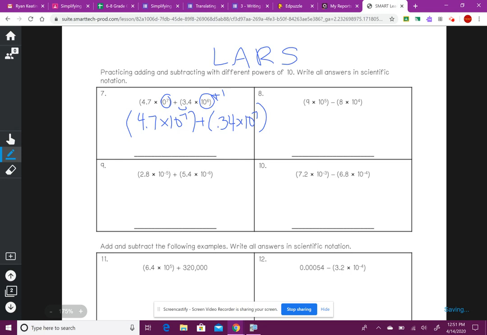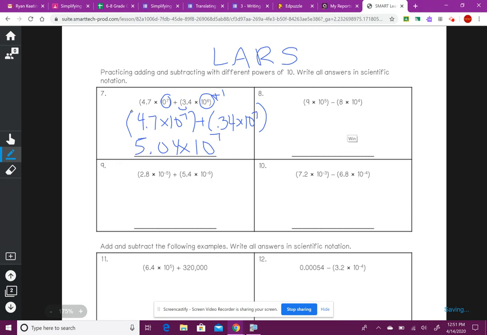Now it's just the same exact thing. We have the same exponent, so that is part of your answer. And then you do 4.7 plus 0.34, which is 5.04. And then you're done with that question.